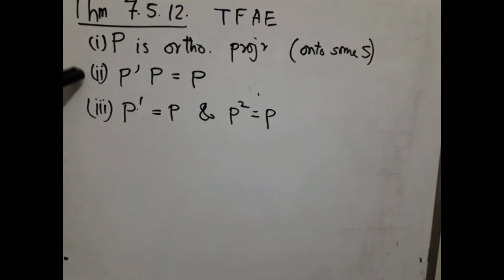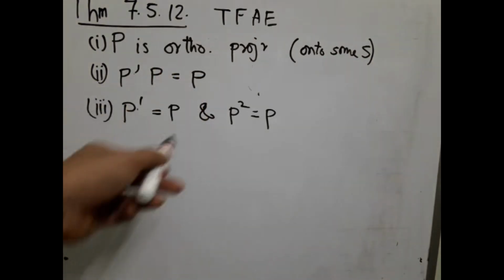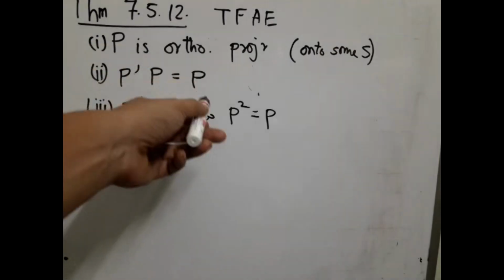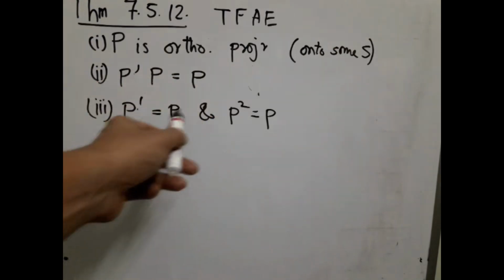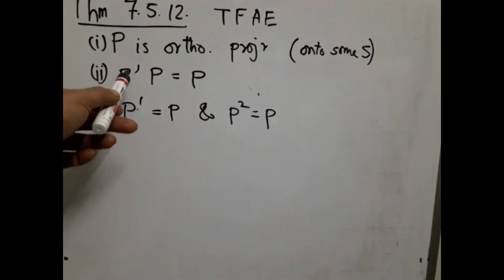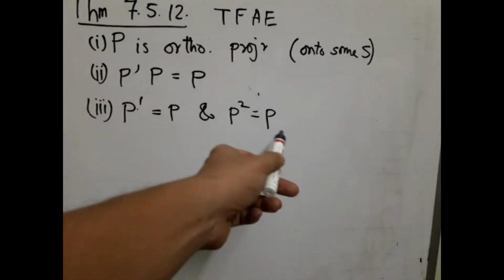The proof that 2 and 3 are equivalent is more like some algebraic thing. There's no geometry in it, just directly put everything down. If P transpose P is P, then take the transpose. We have already seen that P is a symmetric matrix, so you get this. So I am assuming 2, I get this easily. And if P is a symmetric matrix, then P times P is P, and that is this.